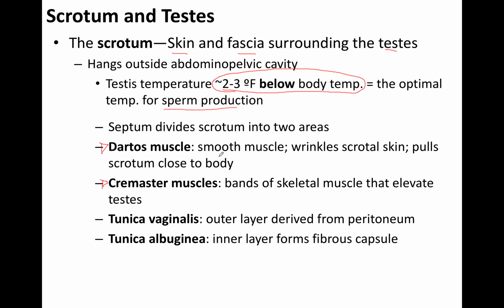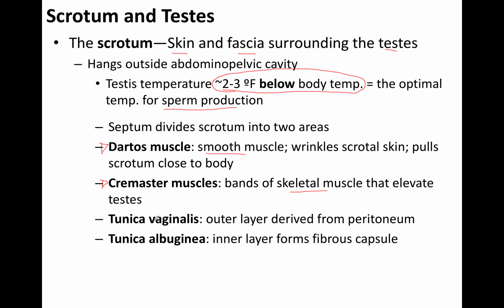The dartos muscles are smooth muscles. They cause the scrotum to look wrinkly and can help pull the scrotum closer to the body, especially on those cold days. The cremaster muscles are more skeletal-based muscles, and they can elevate the testes, again, if the scrotum is too cold, if the temperature is not correct.